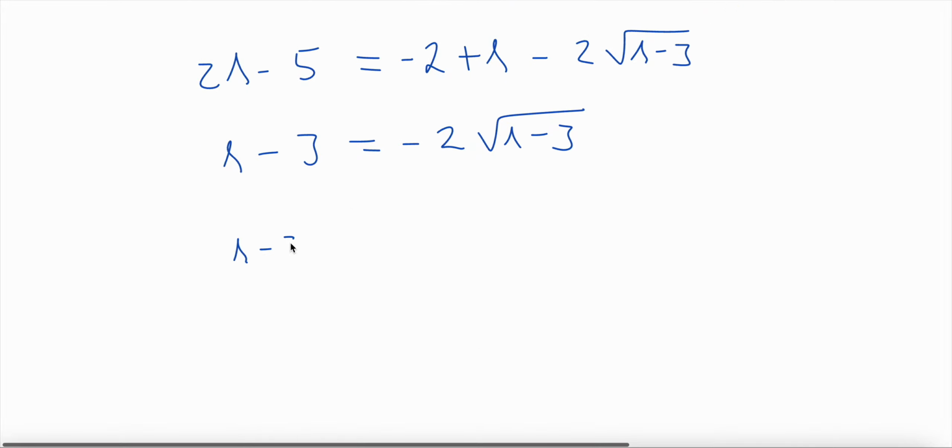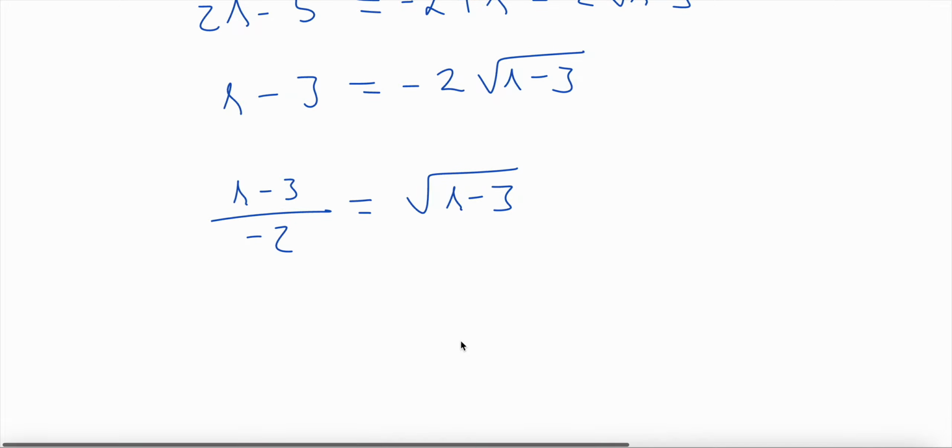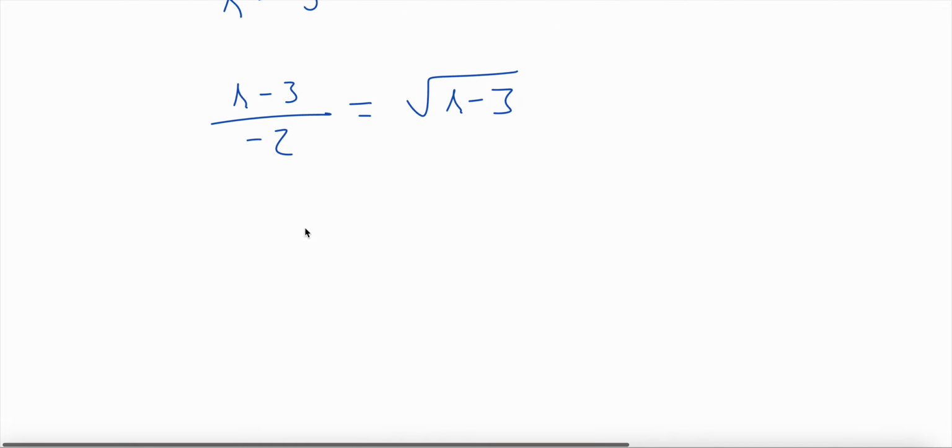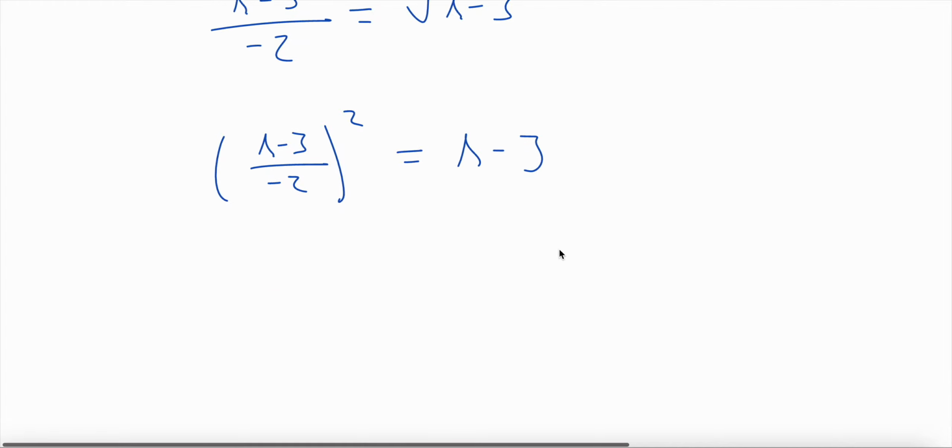So we have h minus 3 over negative 2 equals the square root of h minus 3. Now we can go ahead and square both sides again. So that's going to look like h minus 3 over negative 2, squared, equals, we're going to undo the square root on this side, so h minus 3.